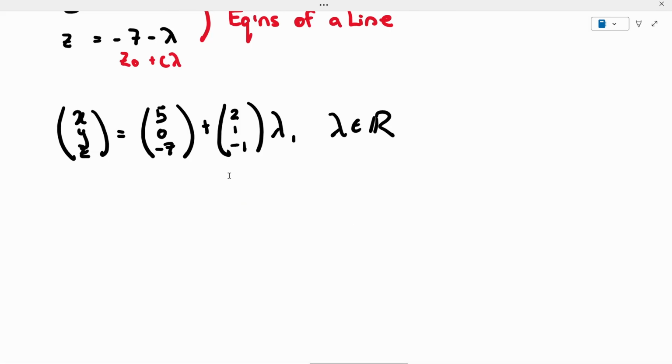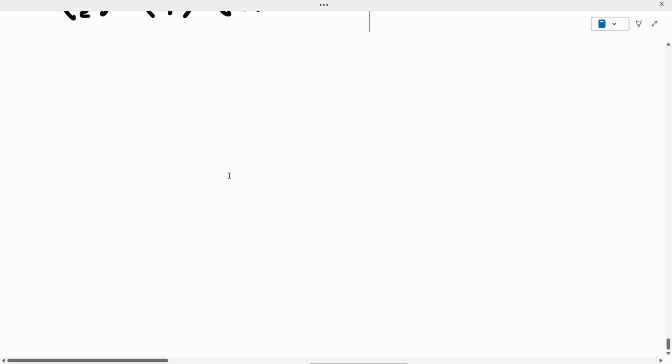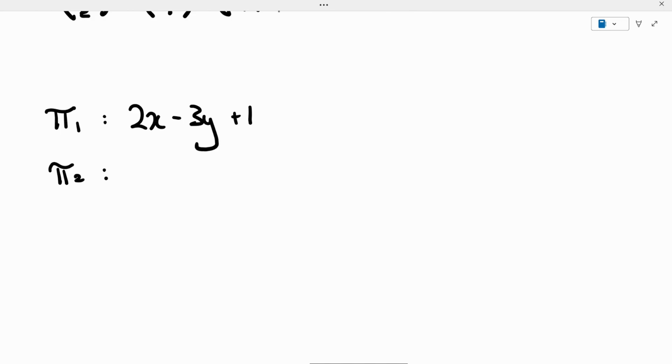By the way, if two planes are parallel, let's say we had pi 1 is 2x minus 3y plus 4z equals 0, and pi 2 is 4x minus 6y plus 8z equals 0.